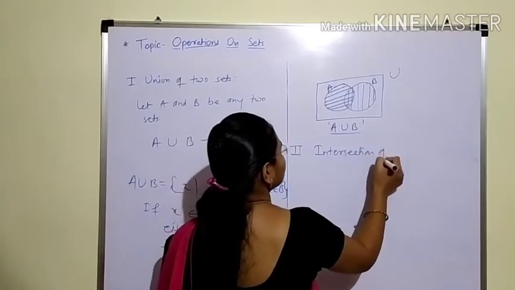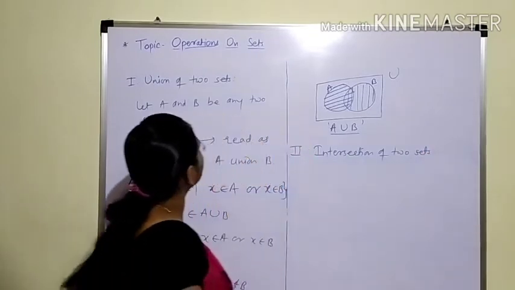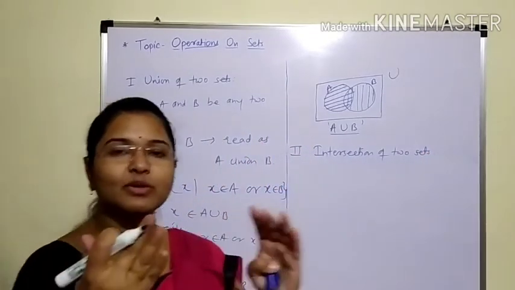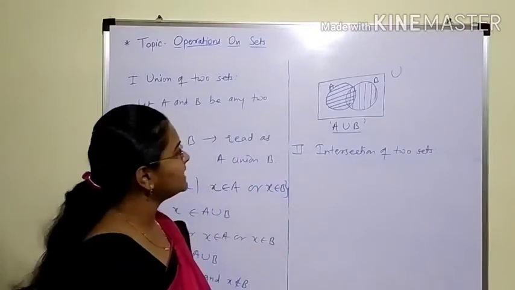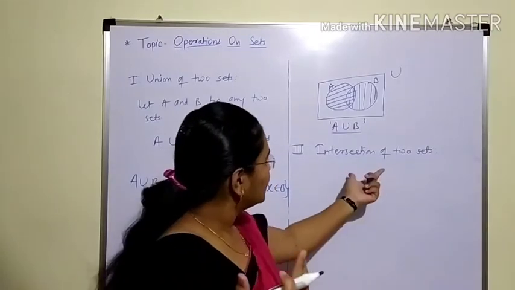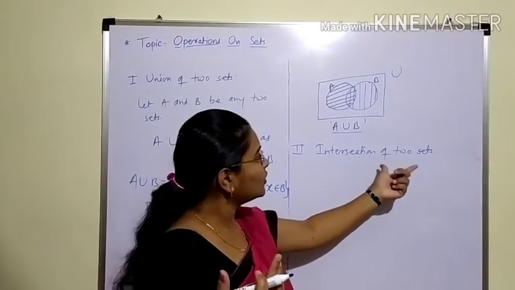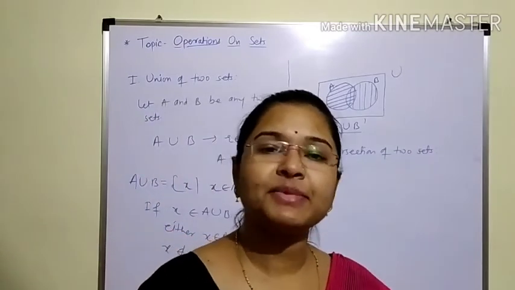Now the second operation, intersection of two sets. Union and intersection we can apply on n number of sets, but to understand the concept of union and intersection, I have taken only two sets so that you can understand this concept easily.